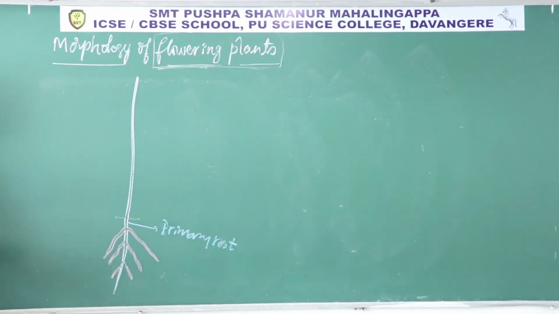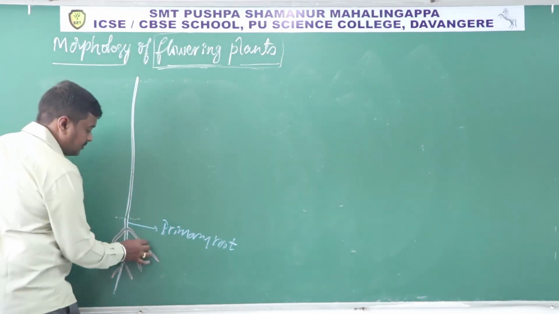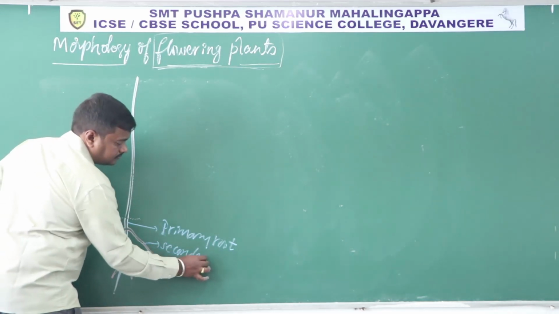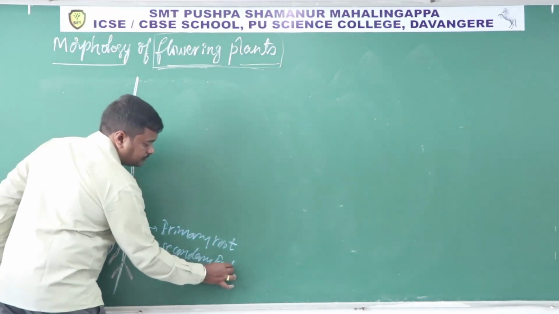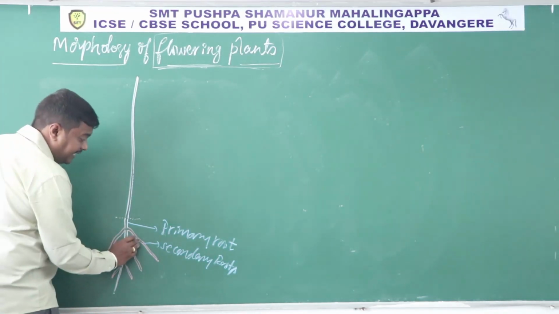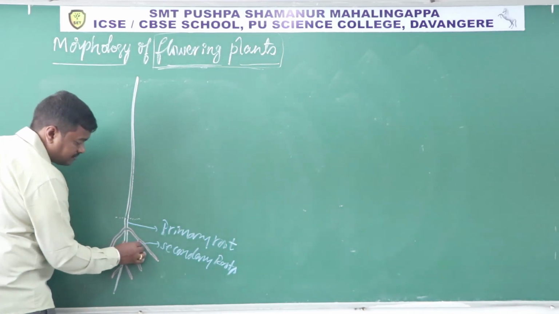These are the secondary roots, you can call them. Secondary roots, and these secondary roots again show some branches.